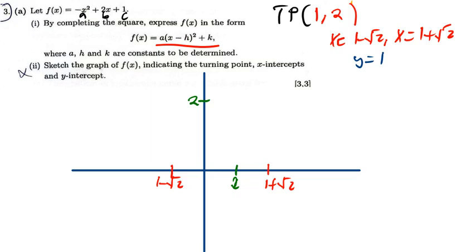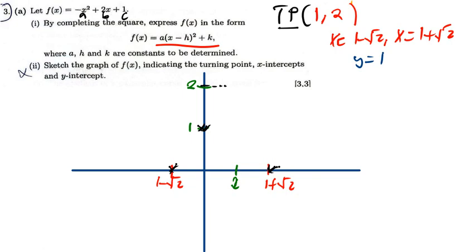The y-intercept, where it cuts the y-axis, is at 1. It means that the graph is going to cross this point and that point, the x-intercepts, and also the y-intercept. Then this is the turning point where the graph is going to turn, at 1, 2.